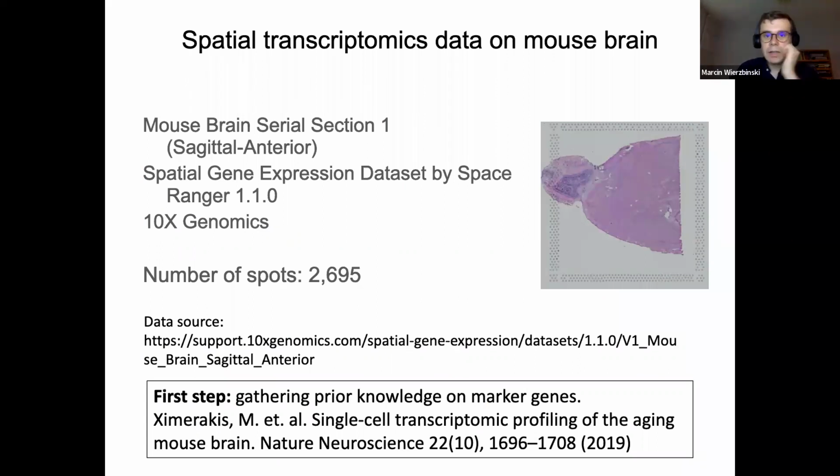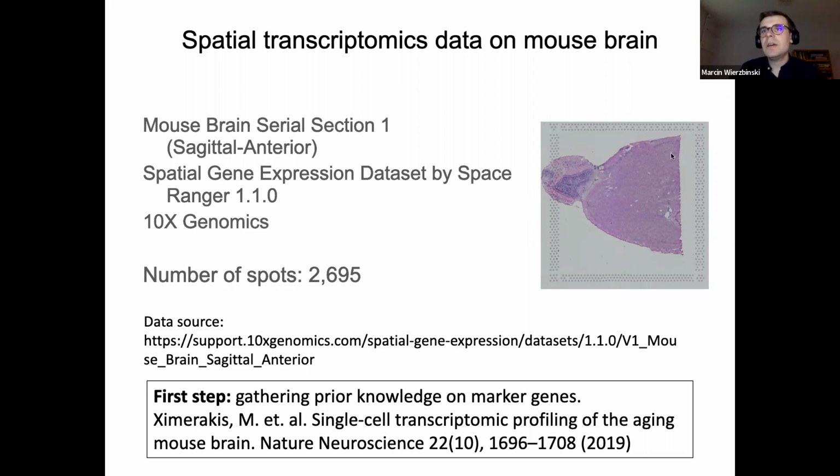Okay, and here we have a real data set. This is the mouse brain data set from this website, and it was tested on approximately 200 spots.